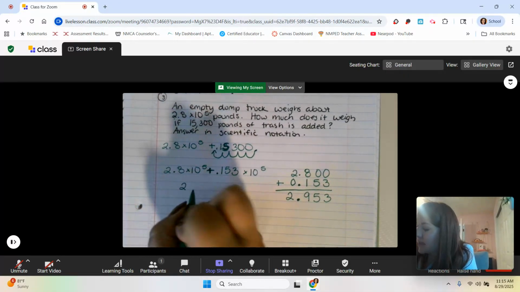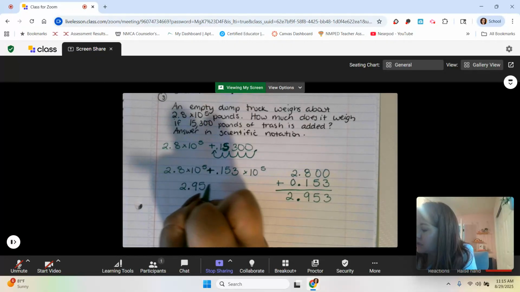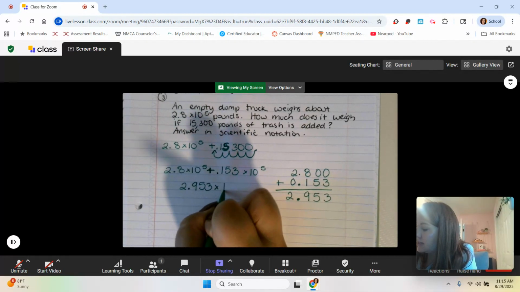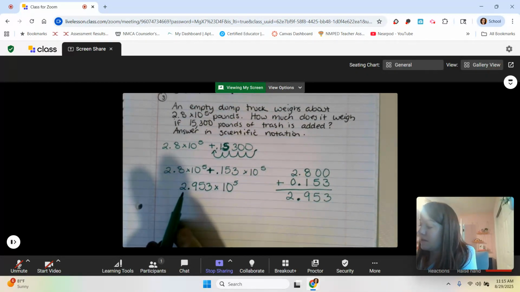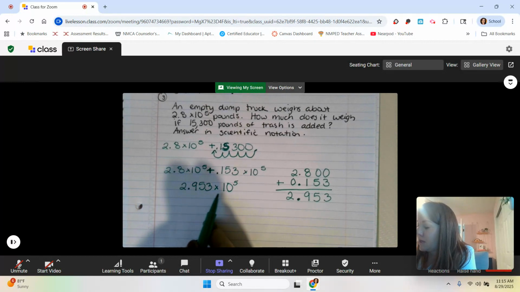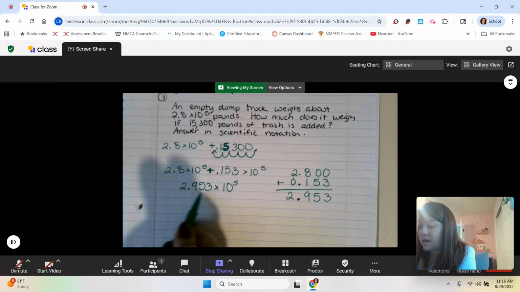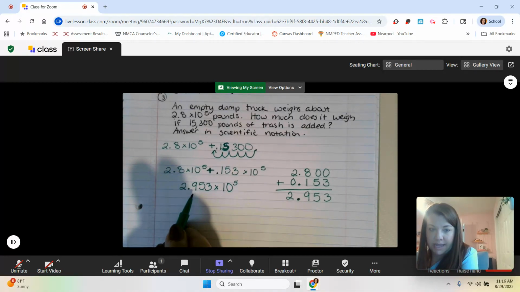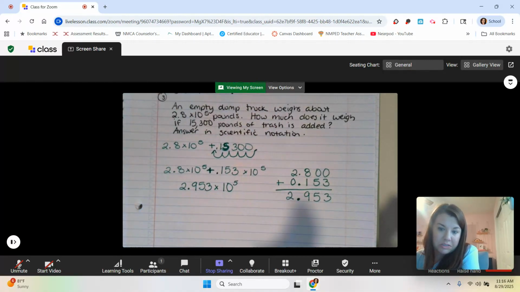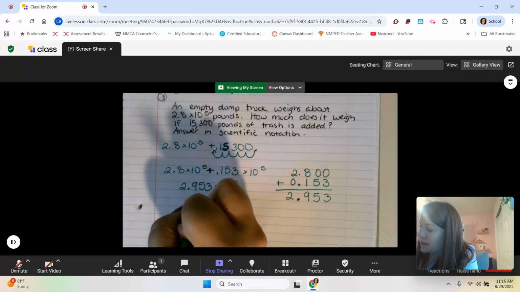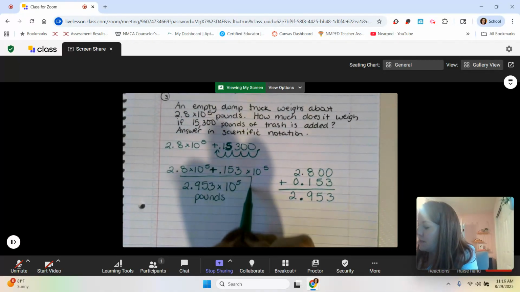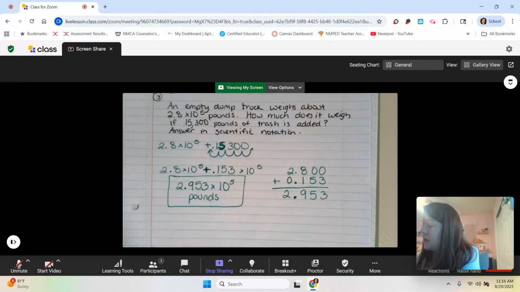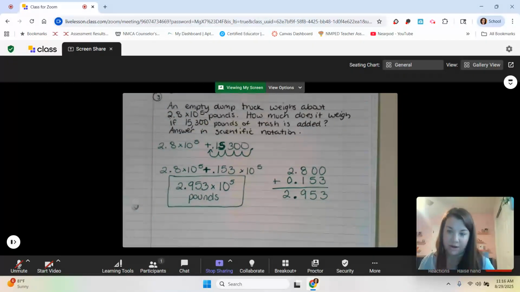Ooh, and look at that. It's actually in scientific notation. And then because those exponents matched, we can just bring that straight down into our answer, giving me an answer of 2.953 times 10 to the 5th. This number here is between 1 and 10, so I don't need to change anything. So that actually worked out in our favor. But since we know that the numbers were referring to pounds, we want to make sure we put that in our answer as well. And that would be your final answer.